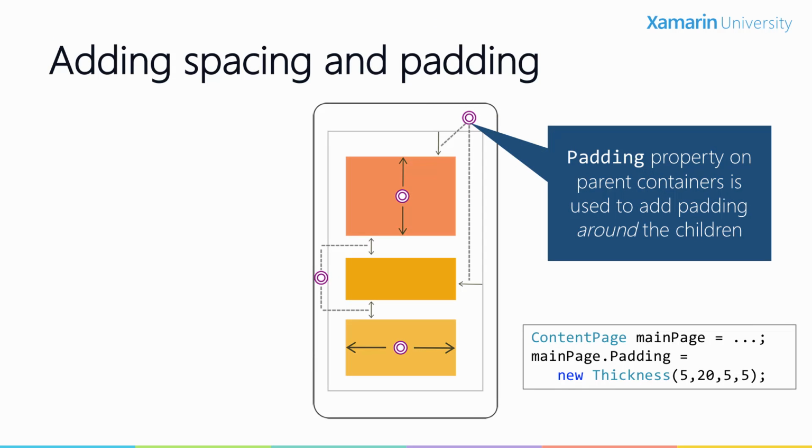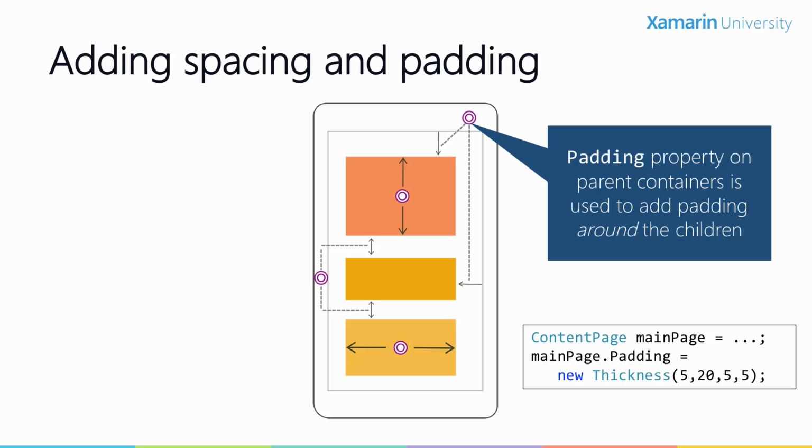The next property that we want to look at is padding. That's available on most containers, also on pages, and it allows us to specify some additional padding around the child elements. So here in this example, we have the stack layout, and at the top, the right, bottom, and the left padding would be applied.